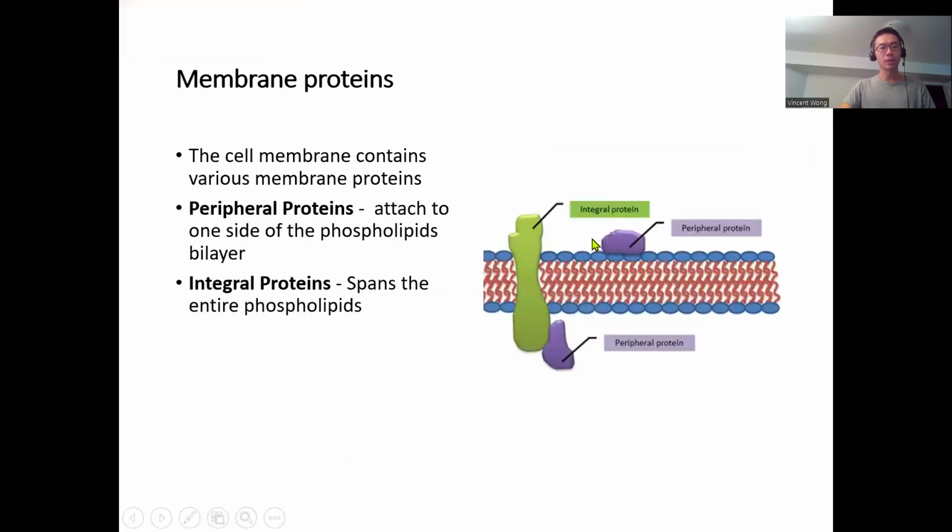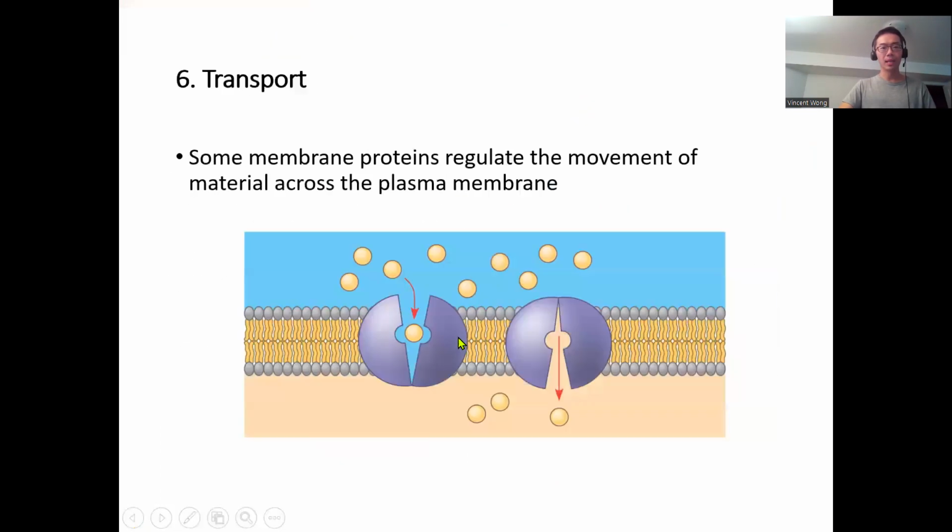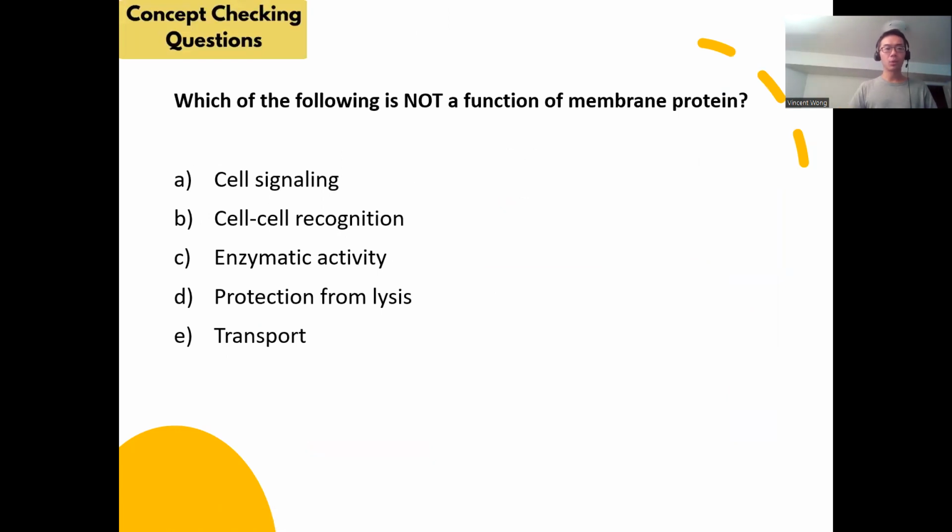Let's go back and see. Oh, intercellular junction, the staples. Okay, so these are the six of them. And the one that I did not mention is protection from lysis. Lysis is to break the cell. That would be the function of something like a cell wall. That's not the function of membrane proteins.